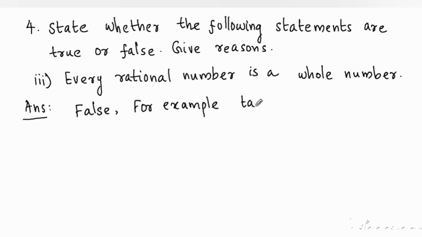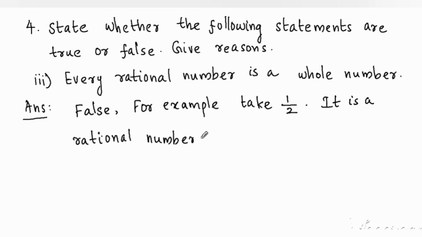So we can take any number which is in p by q form. So I am taking 1 by 2. Here you can see 1 by 2 is a rational number because that is in p by q form with numerator and denominator integers and denominator not equal to 0, but it is not a whole number. Okay, so this statement is a false statement.